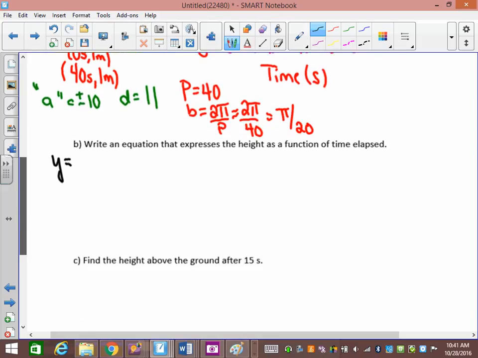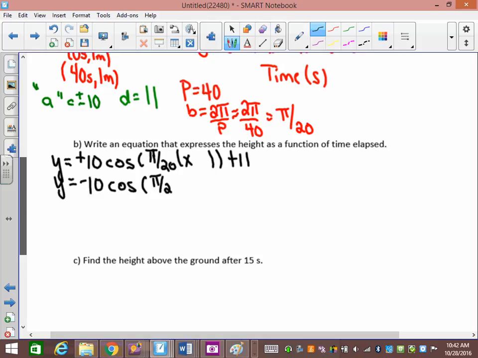So we're going to do positive 10 cos B, which is pi over 20, x something, plus 11. And then we're going to do y equals negative 10 cos pi over 20, x plus 11.